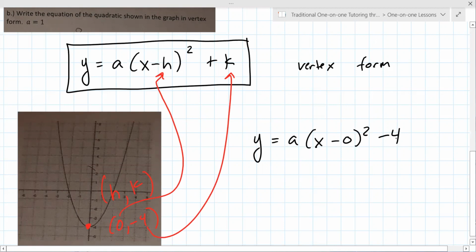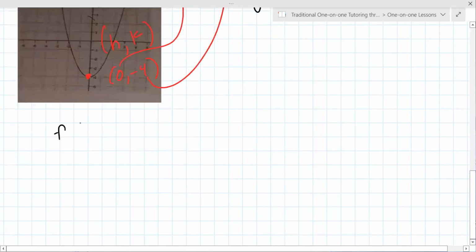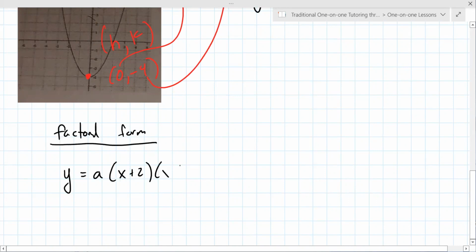You are not supposed to leave it in this form with a 0, but I guess that's what they want. They chose a bad example, so you can't do much about it. So just to summarize, in factored form, you have y = a(x + 2)(x - 2).